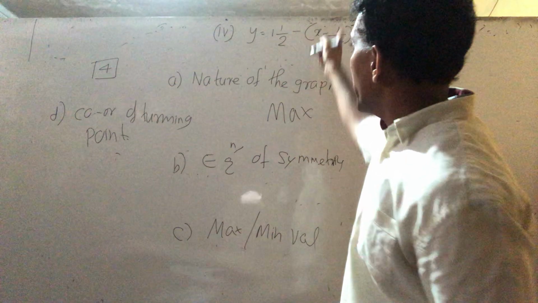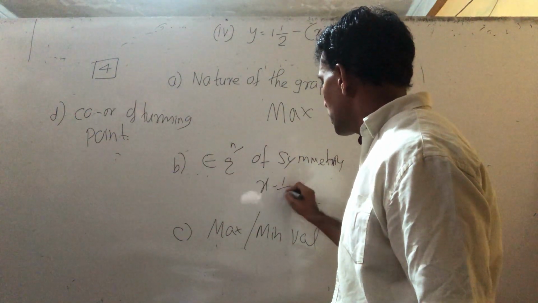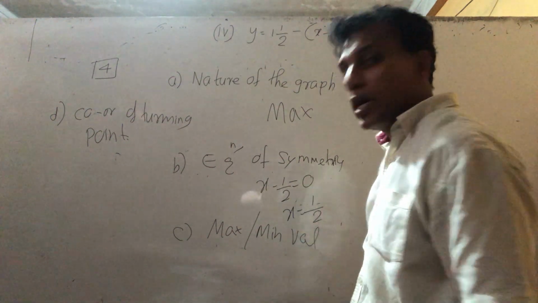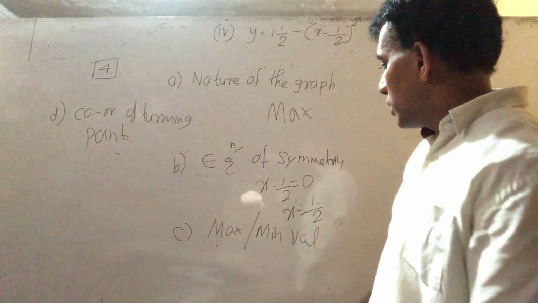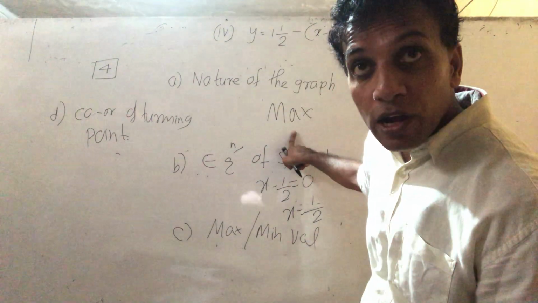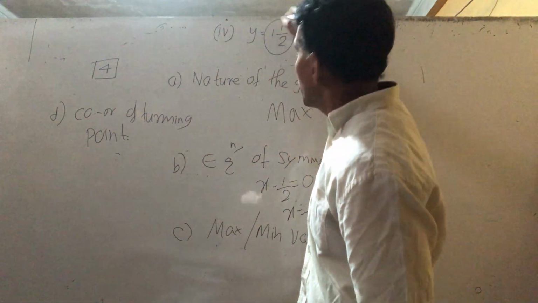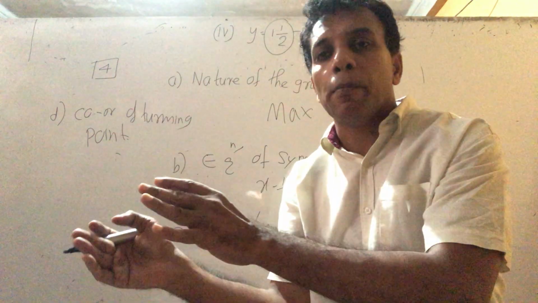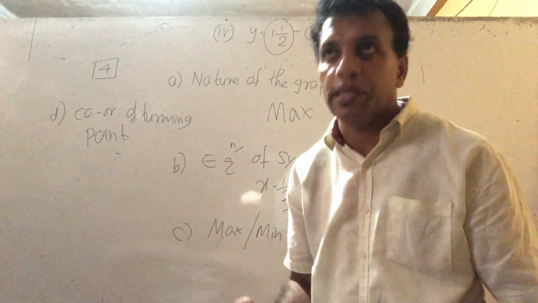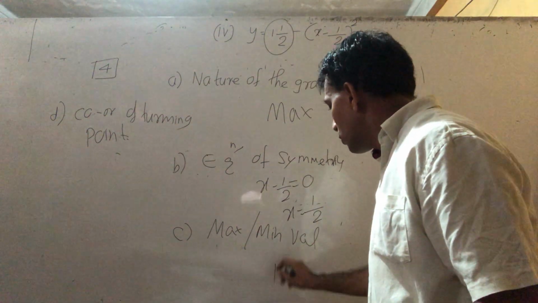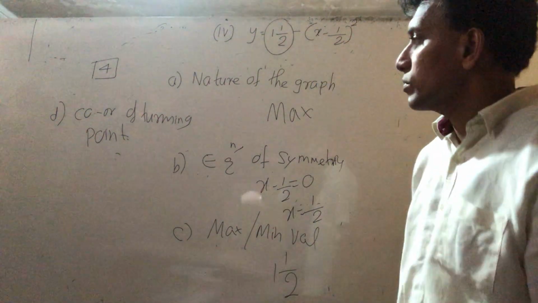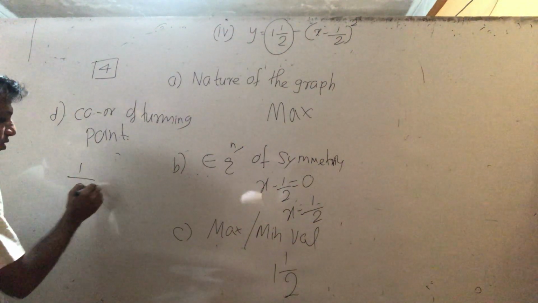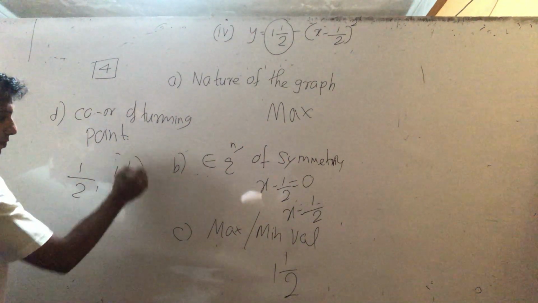Symmetric axis: make the bracket equal to 0, x equals half. We mentioned a maximum graph, therefore the maximum value is the number outside the completing square bracket: 1.5. So the coordinate is (half, 1.5).